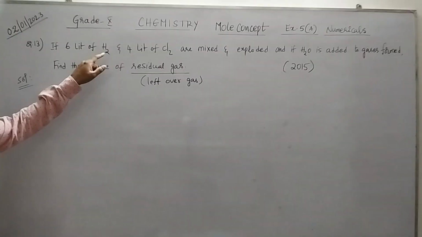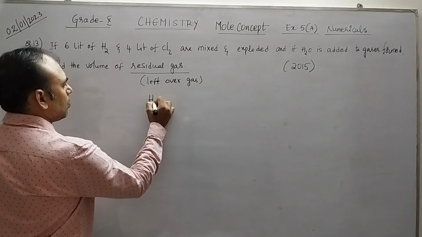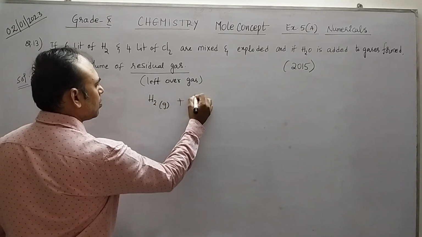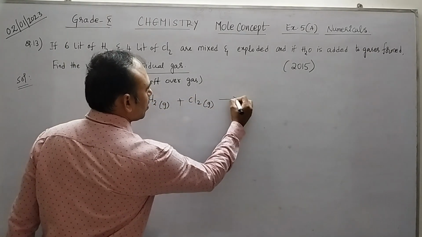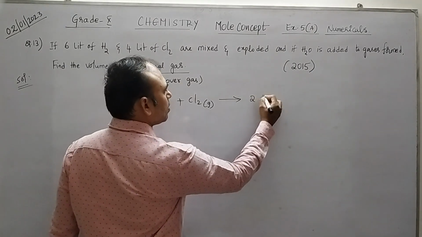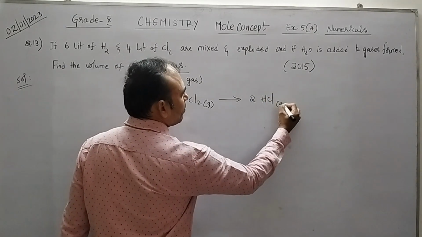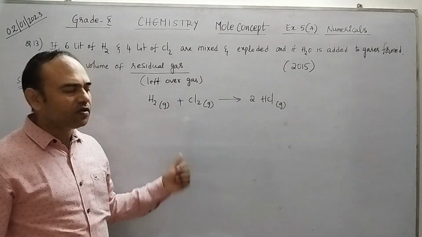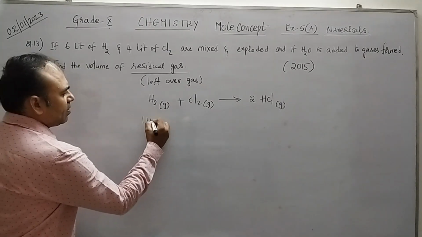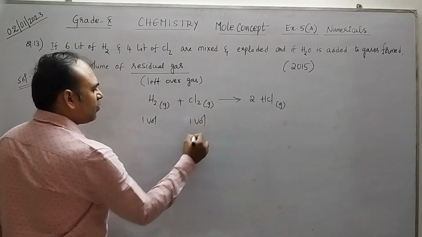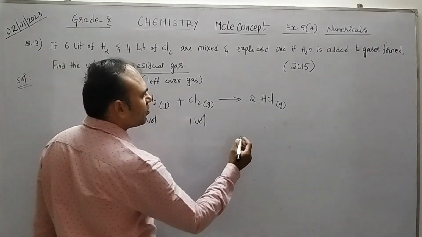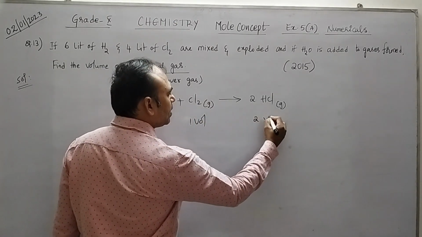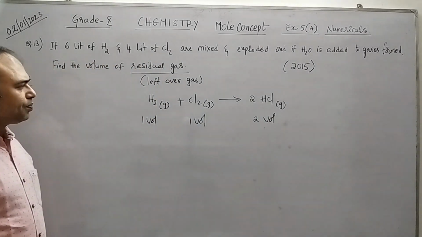First and foremost thing, write the equation. H2 gas on reacting with chlorine gas gives 2 volumes of HCl gas. They are not asking about product, they are asking how much is left over. Now with this equation, we know that 1 volume of H2 reacts with 1 volume of Cl2 and we get 2 volumes of HCl.